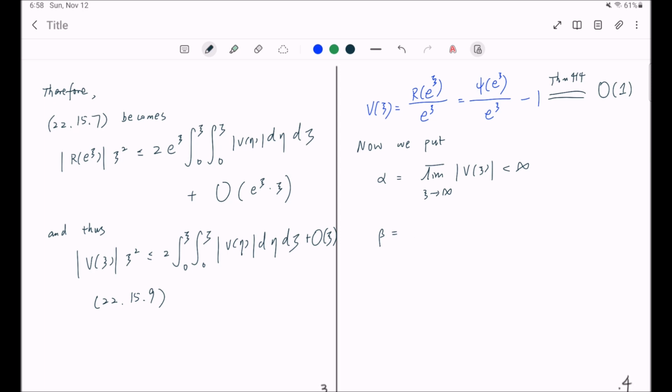And if we put beta to be the average and take the lim sup as psi goes to infinity, by the mean value theorem for integrals it is also bounded.